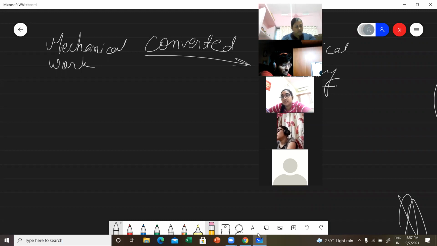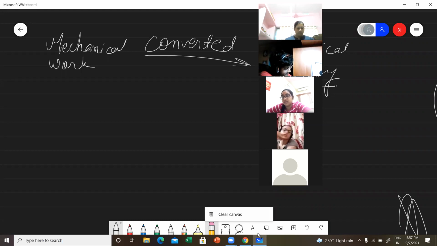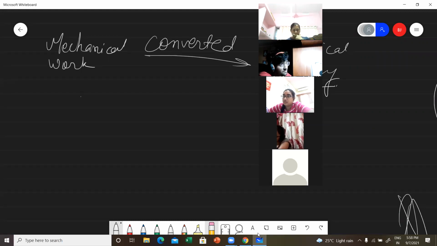Third point is that there are some formulas. First, just write the formulas. dq is equal to d phi upon r.